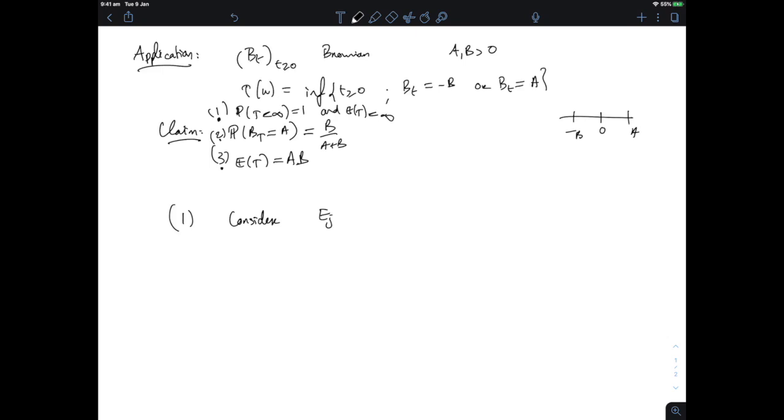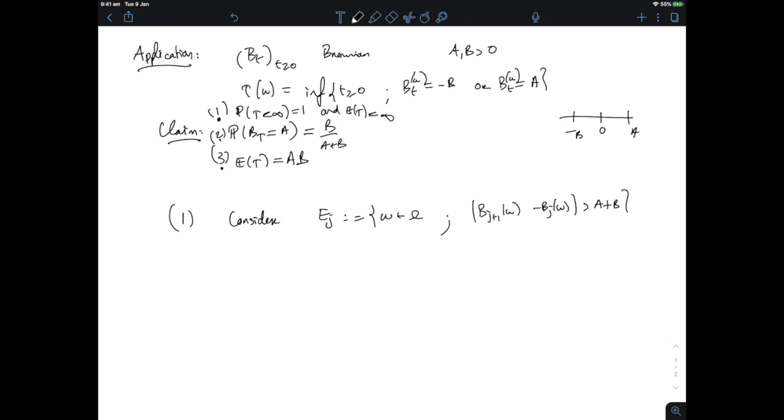The events E_j, which are the set of all those omega for which B_{j+1} of omega minus B_j of omega is greater than a plus b. So what does it mean that you're in this event?